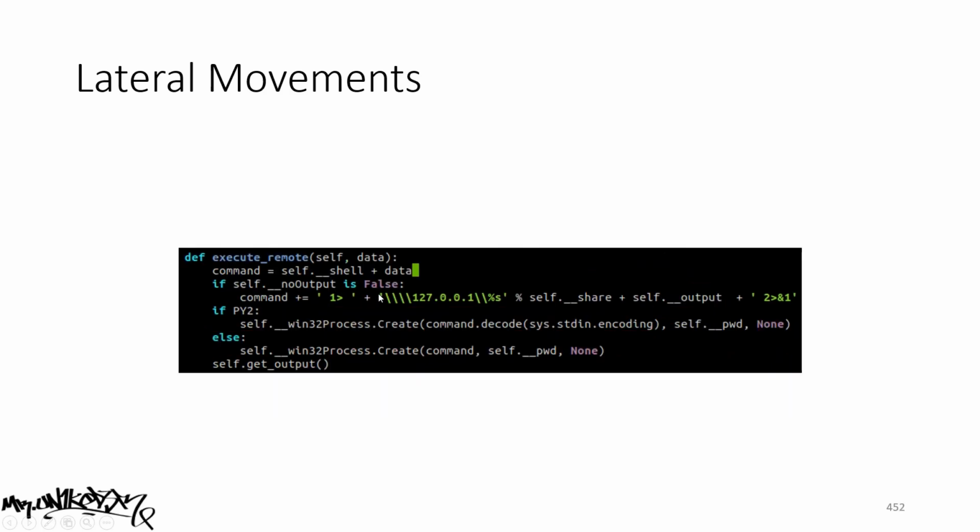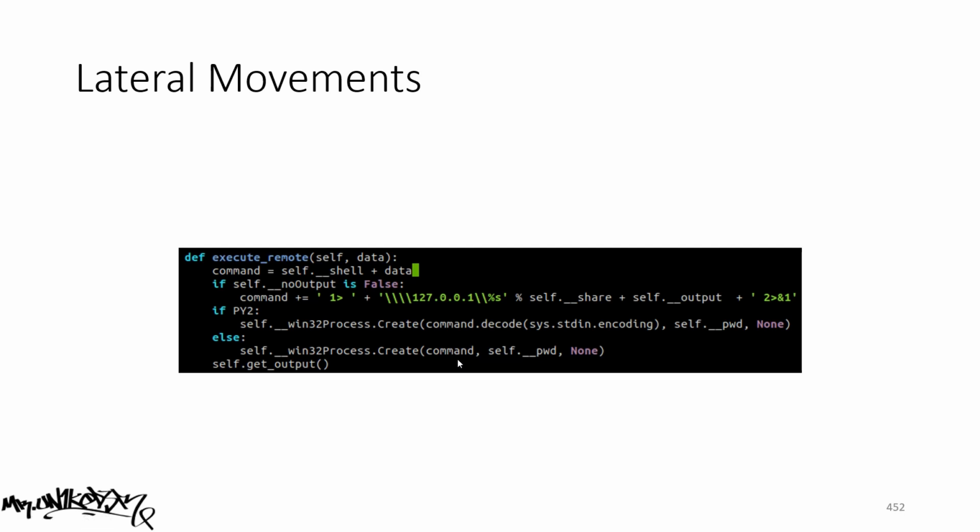If no-output is false, aka if it's set to not provide output. I don't know why they did it that way, but I would have probably said output is true, and set it to false, but kind of do the opposite. It's like a double negation to become a true statement. But the point is, it's going to append all of the junk at the end of your command, and if it's not the case, well, it's just going to create your command with whatever you provided.